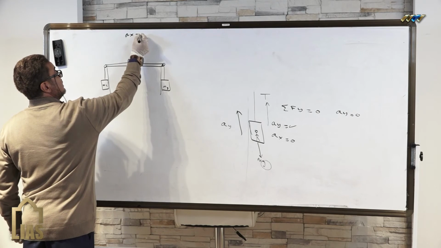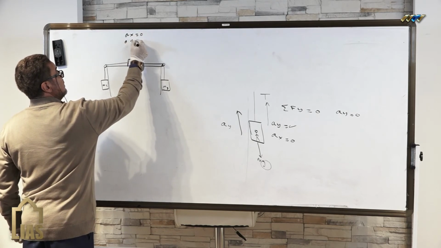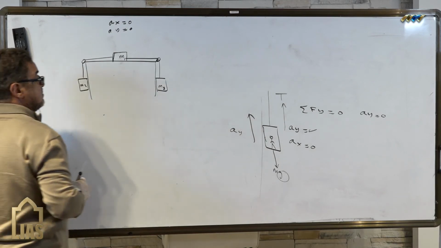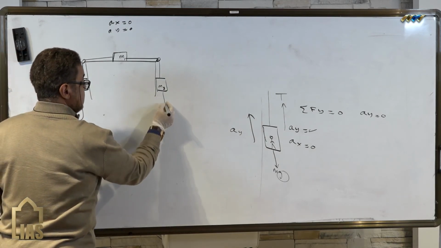AX is equal to 0, AY is equal to 0. In this case, what we have? Equilibrium here.